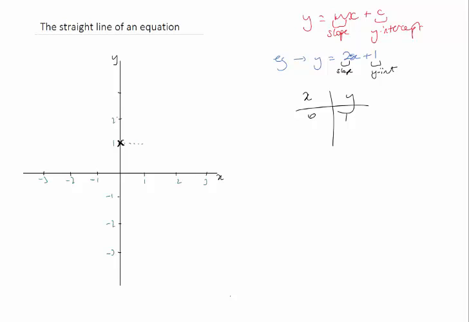So for every space we go forward on the x, we go up 2. So this is a steeper slope than the one we saw on the previous slide. So if we go from 0 to 1 on the x, we go up 2. So in this case, from 1 up to 3 on the y.